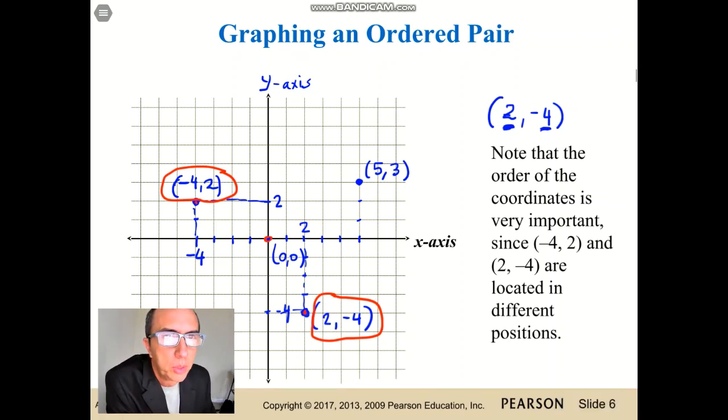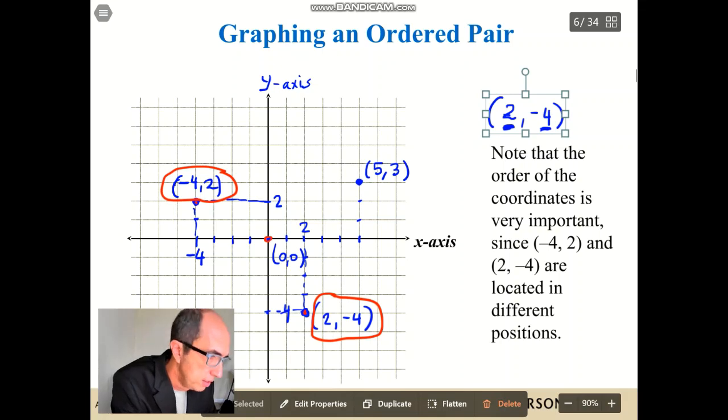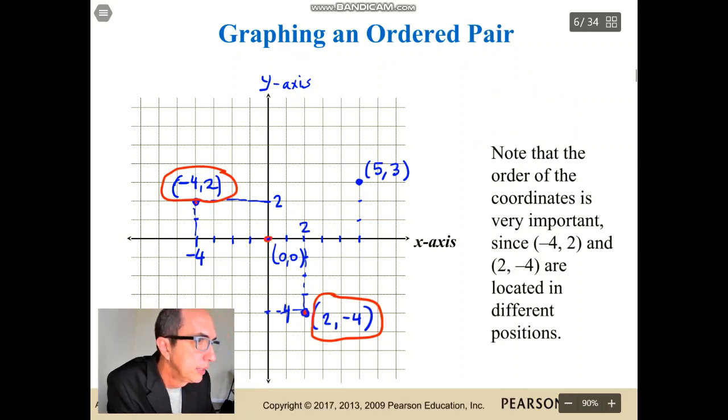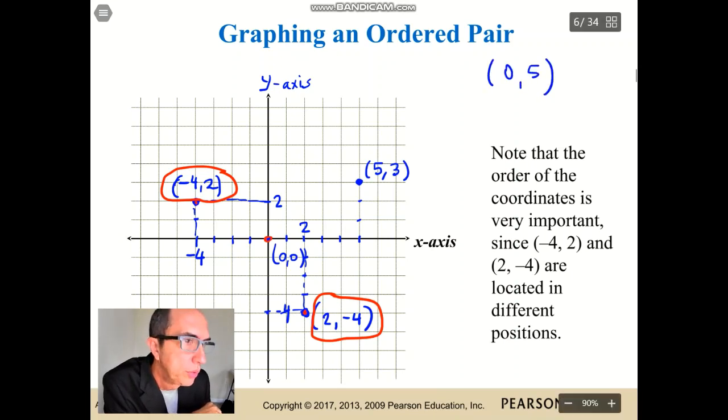Let's quickly have a look at some other points, and now we go faster because we already know how to plot the points. 0 and 5. So 0 is from the origin, we don't move neither to the right nor to the left. Then we move 1, 2, 3, 4, 5, and the point 0 and 5 is here.